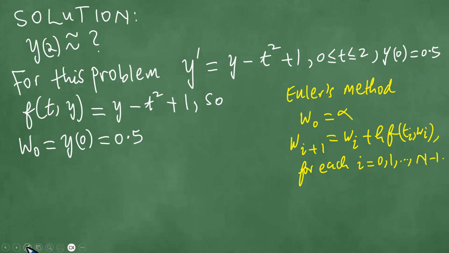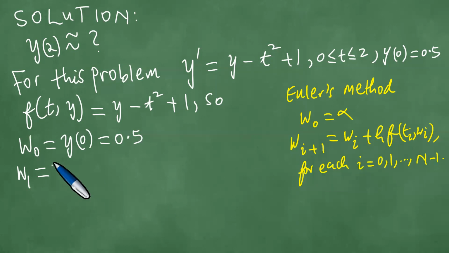Now, what is all this here? Now we're going to use this one to find the rest of the successive values. So in other words, the initial value is this one. What is W1? To get W1 means i is 0 here.